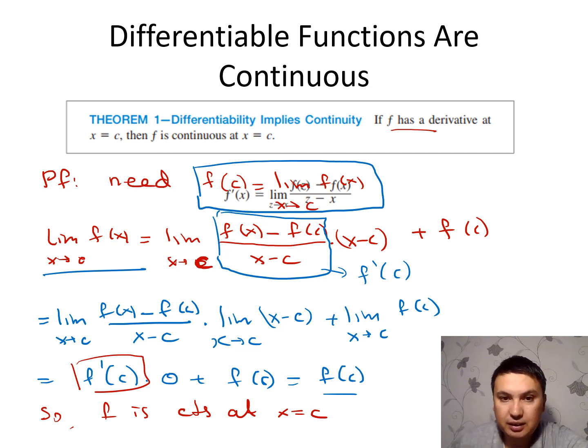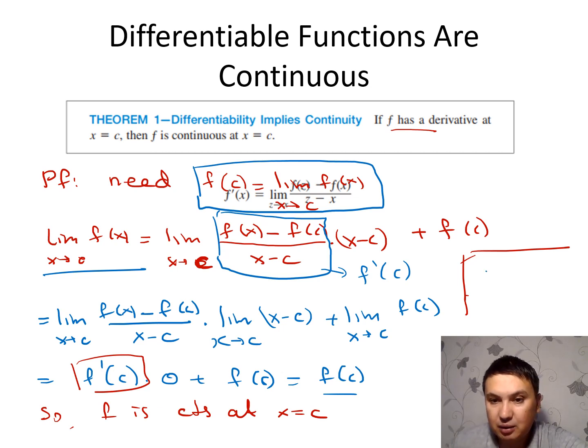One last thing is why the converse is not true. Can we say that continuity implies the existence of a derivative? No. Let me explain why. In fact, we already saw the example. This is an absolute value function. We know that the absolute value function is continuous.